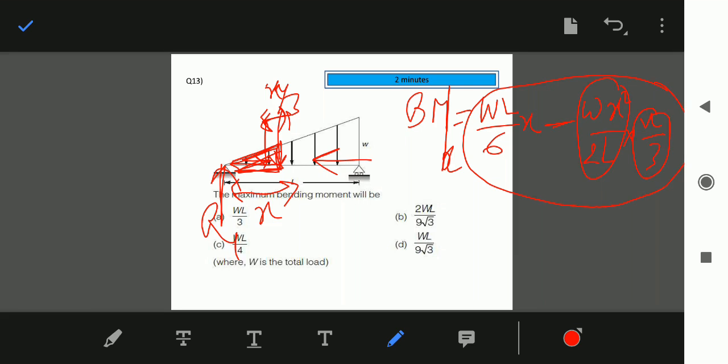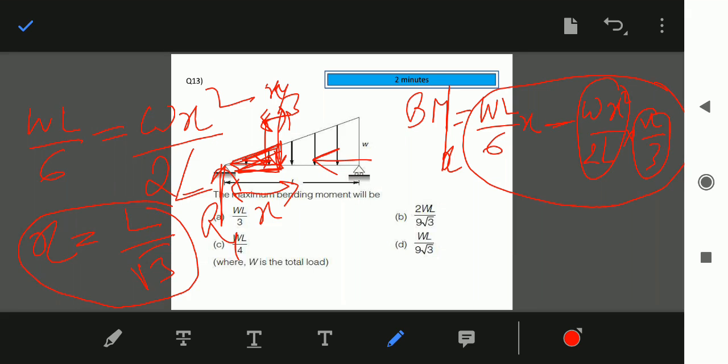Now for maximum bending moment we have to differentiate it. So we will get WL upon 6, on differentiating with respect to x, equals W x square upon 2L. So here x comes out to be L by root 3.